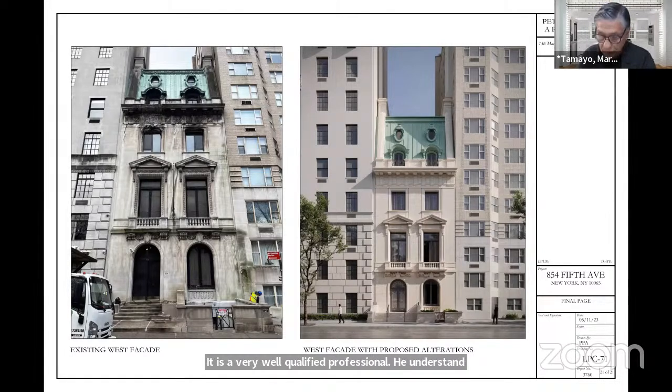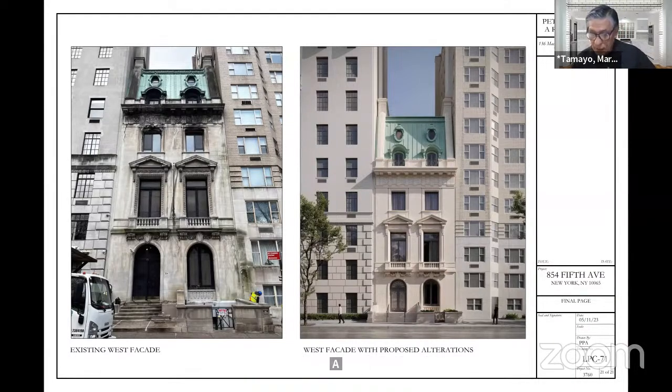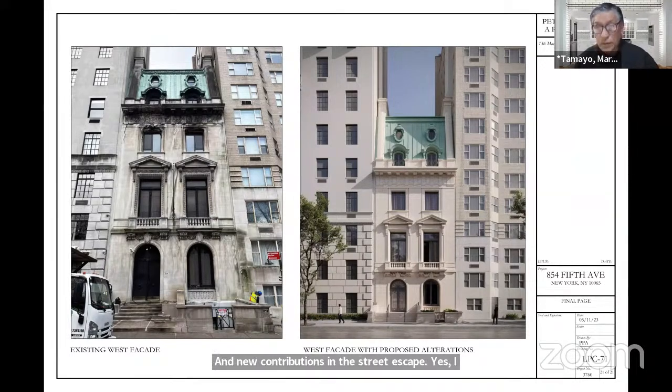starting for the front door, it makes a lot of sense for me. And then we have on the south elevations, I found that he preserved the interesting architectural elements, which is, I think, beautiful, that section, and create unexpected new contributions in the streetscape. Yes, I applaud that you remove these bars that look like a jail.